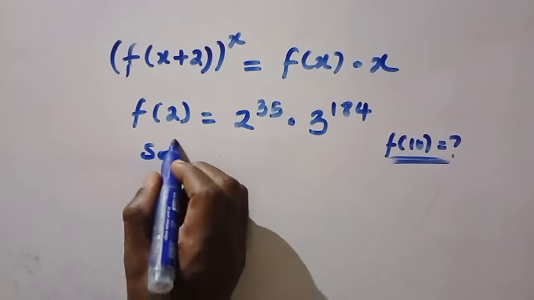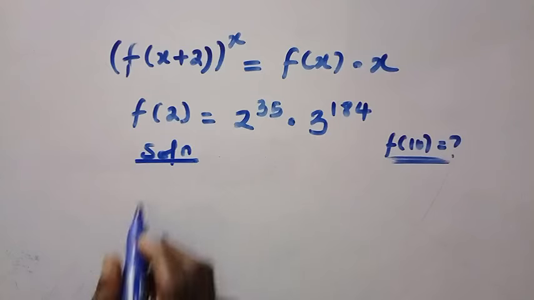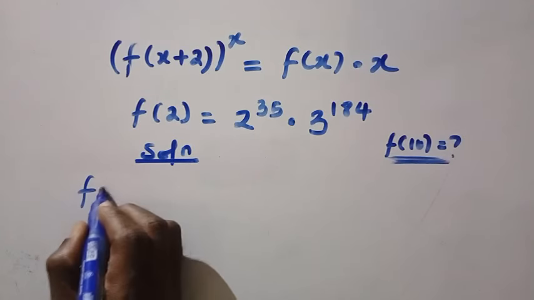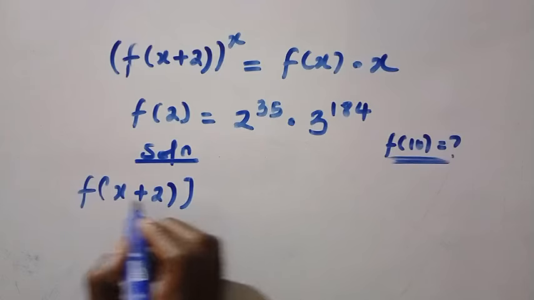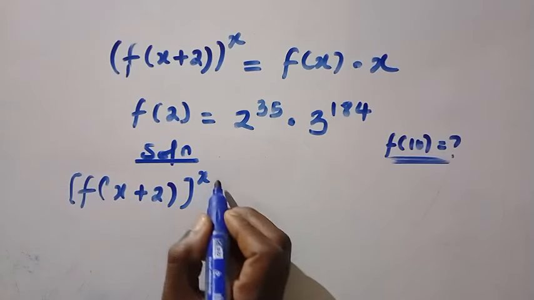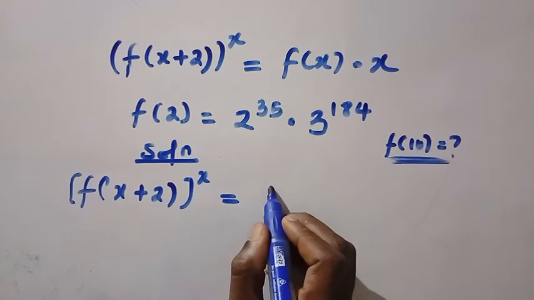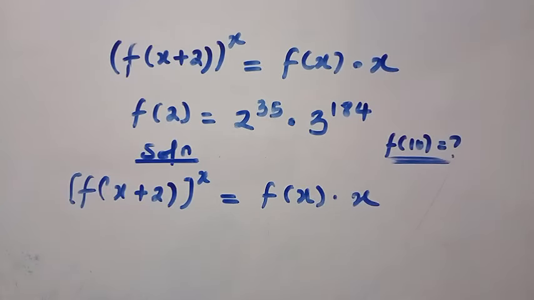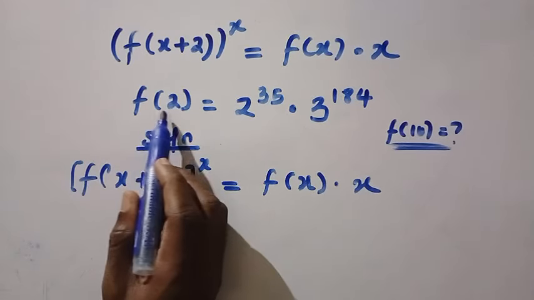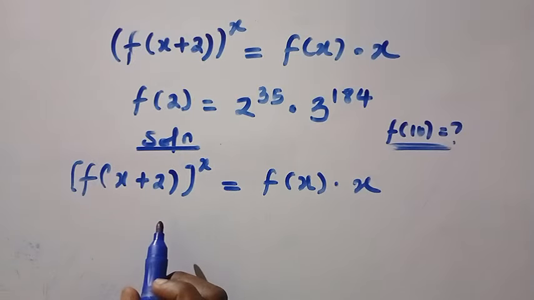If you consider the solution, from the given function, which is f(x+2) all raised to the power of x, this equals f(x) multiplied by x. So we are given f(2) initially.